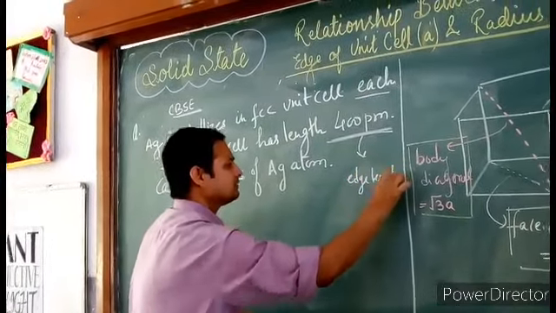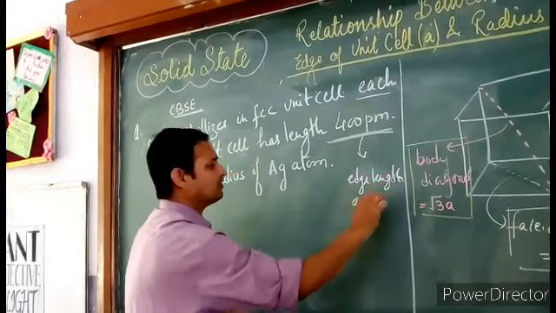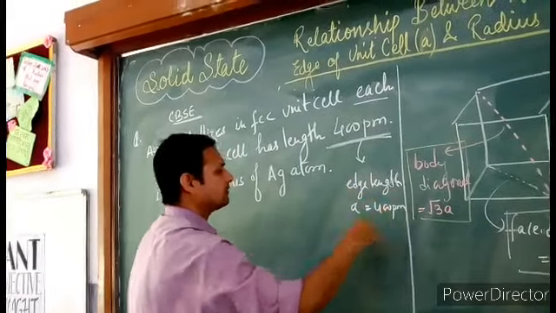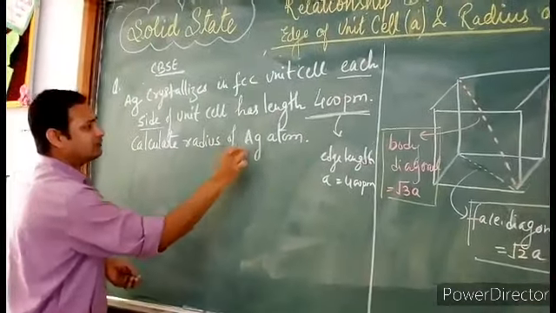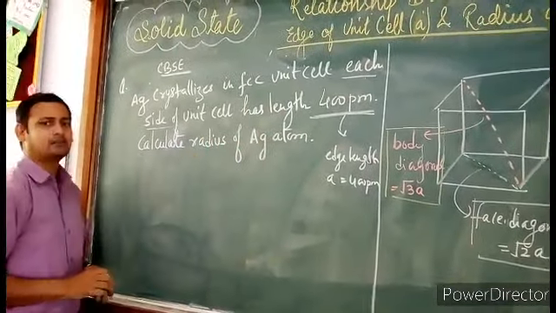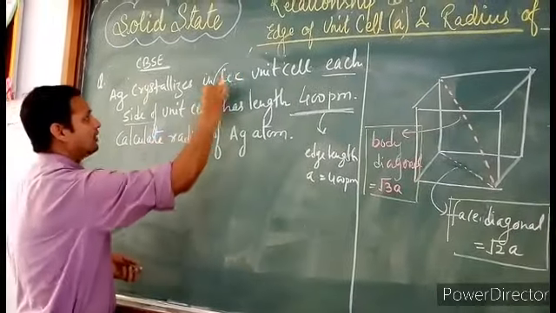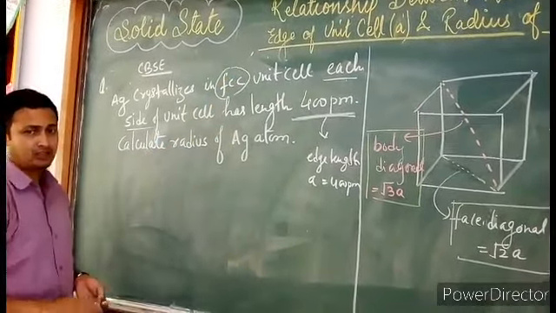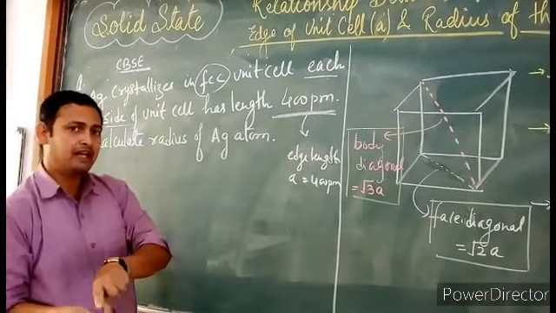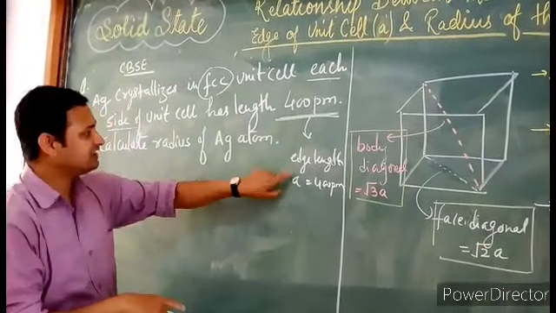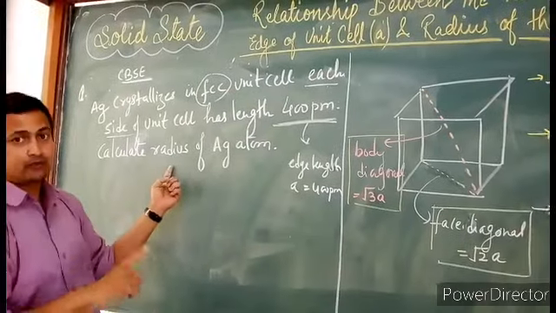That is, a is given to us as 400 picometer. And it is asked to calculate the radius of the silver atom. So for FCC, tell me the formula. In the case of FCC, the relationship between the radius of atom and edge length is given and radius is asked, so the formula should come.